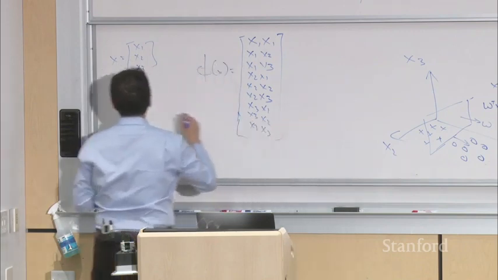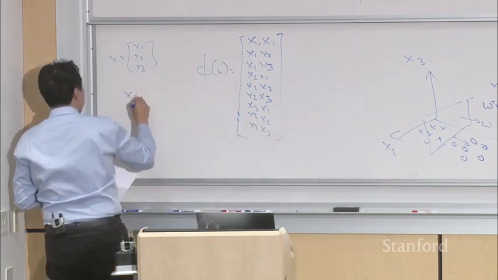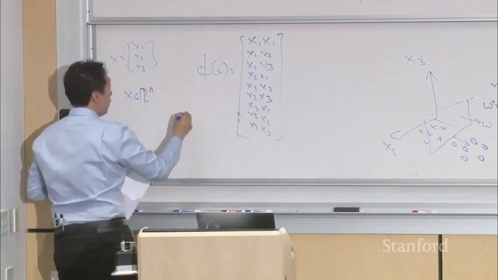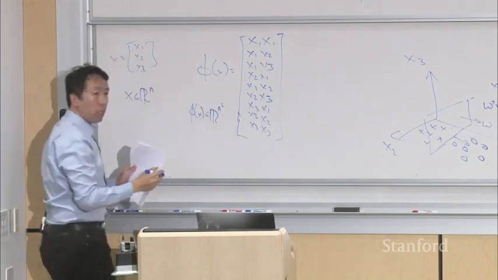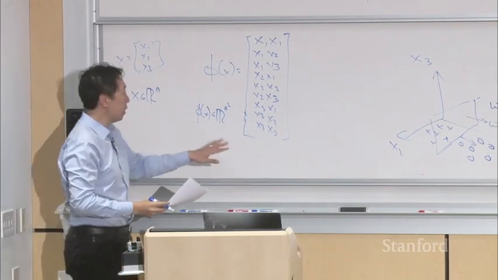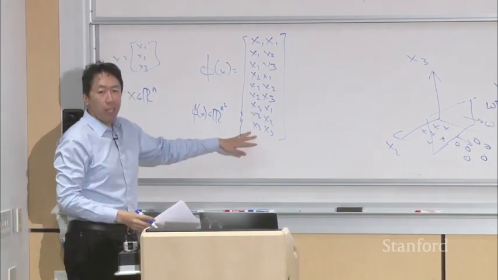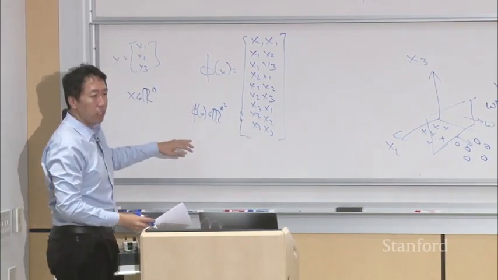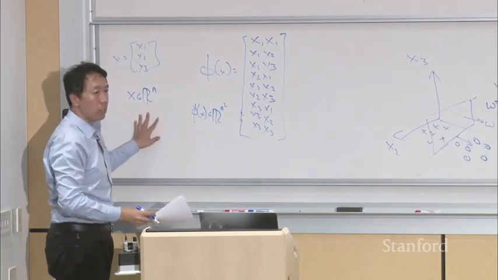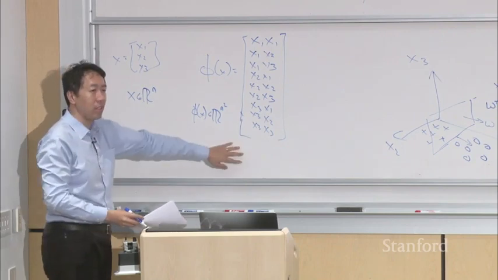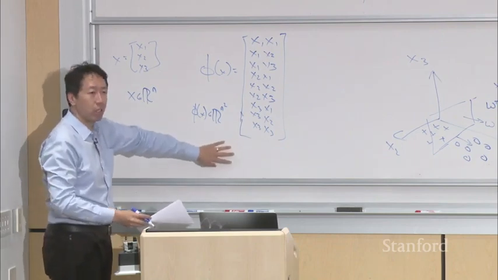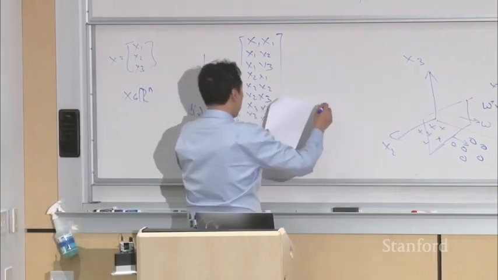And so notice that if x is in R^n, right, then phi of x is in R^(n squared), right? So we've gone from three-dimensional features to nine-dimensional, and I'm using small numbers for illustration. In practice, think of x as 1,000-dimensional, and so this is now a million, right? Or think of this as maybe 10,000, and this is now like 100 million. Okay, so n squared features is much bigger.